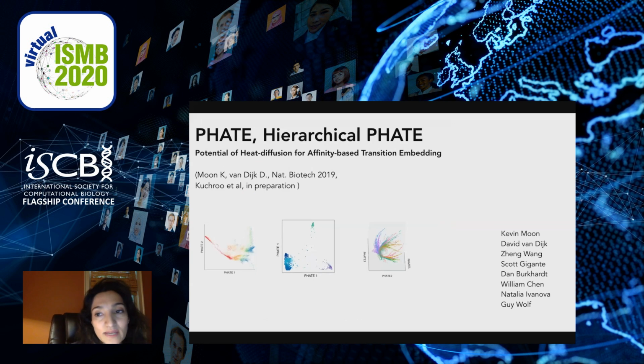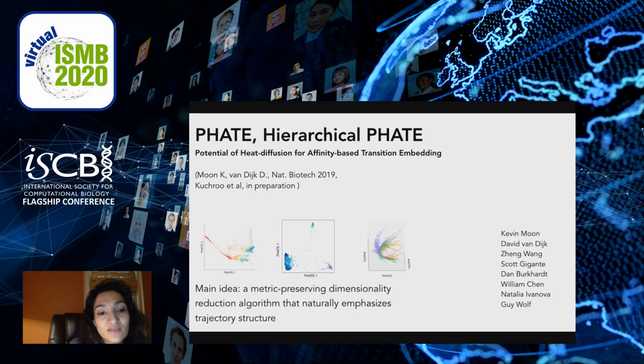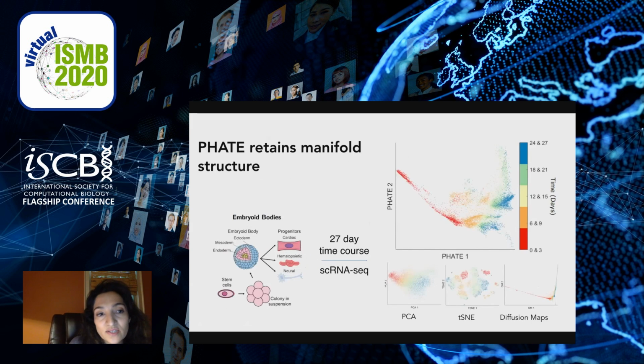So the next goal we had was to distill this data into viewable structure. For this, our lab has a method called FATE. I'm not going to go too deeply into FATE, except for telling you that FATE is actually a metric preserving dimensionality reduction algorithm that keeps global structure together.